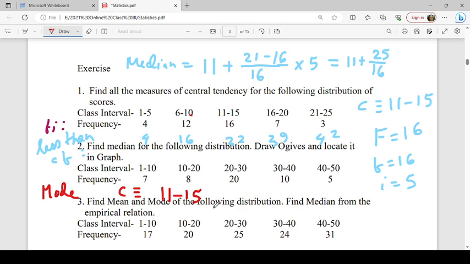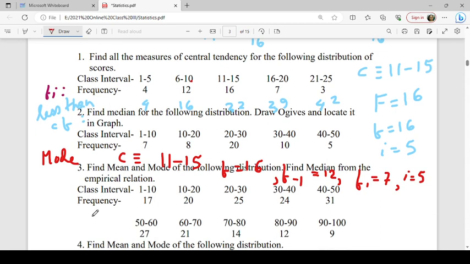Small f is 16, then f minus 1 is 12, f1 is 7, and i is 5. So put the values.